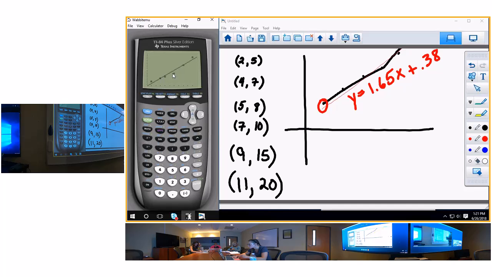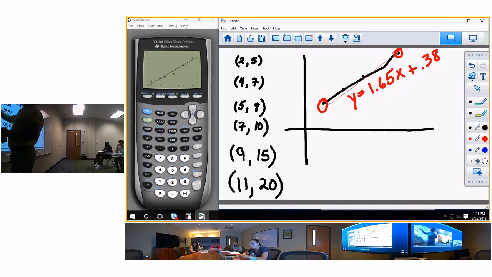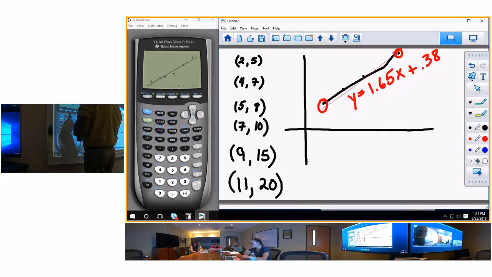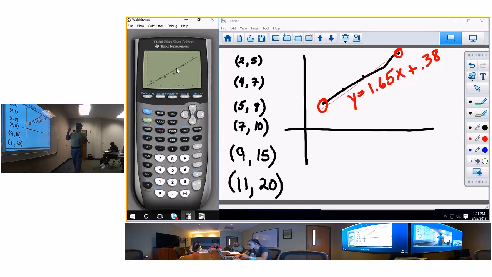Oh, look, I almost hit this point right there. Let's see, 1, 2, 3, 4, 5. Yeah. So did my eyes lead me wrong? No. Problem is, you got to let your eyes do it and not doubt it.